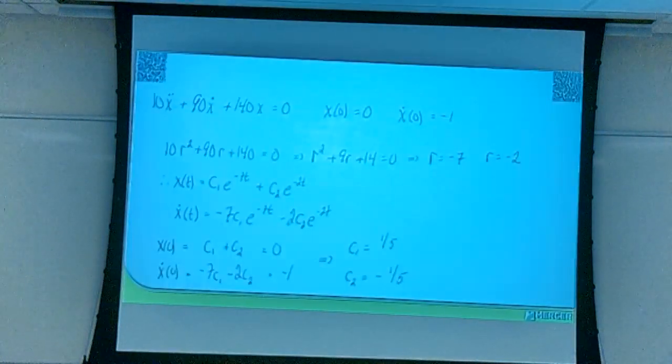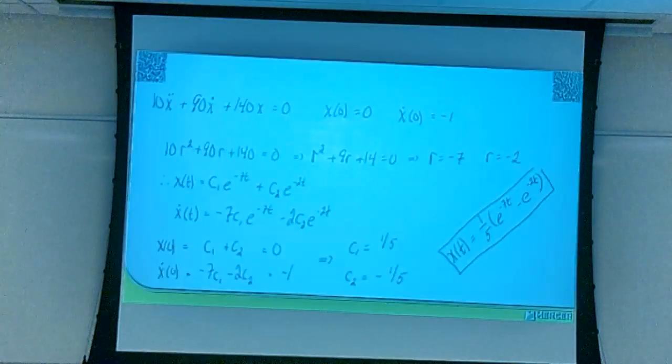So x of t equals (1/5)(e to the negative 7t minus e to the negative 2t). That describes the position of the mass at time t.